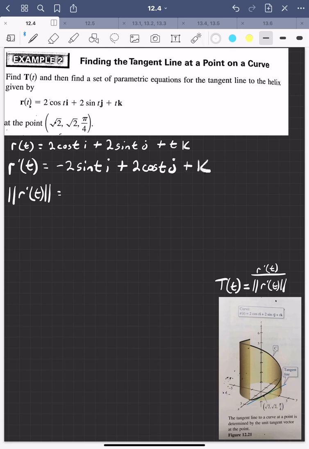All right, and the magnitude of r prime is going to be the square root of negative 2 sine t squared plus 2 cosine t squared plus 1 squared.